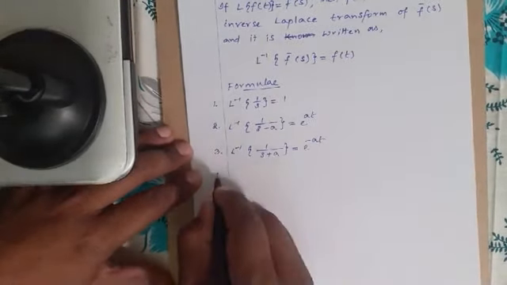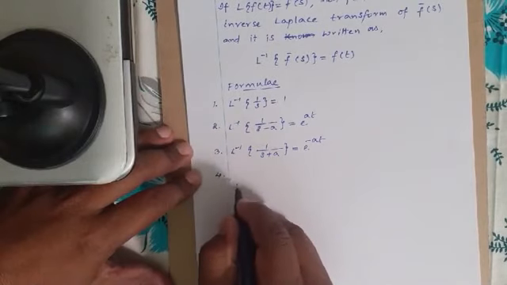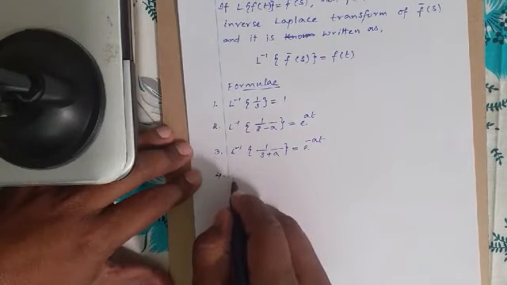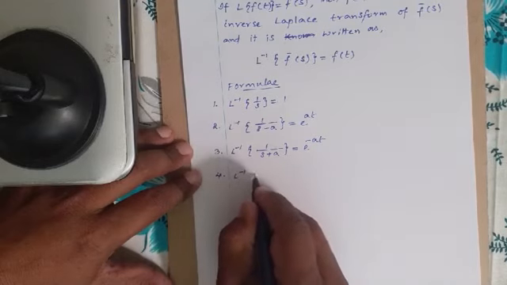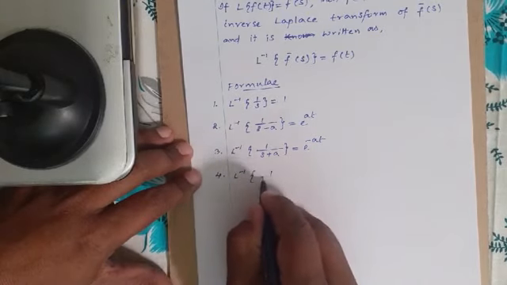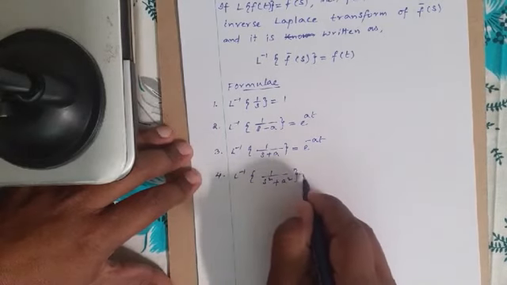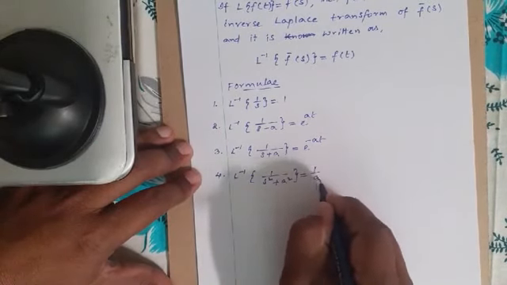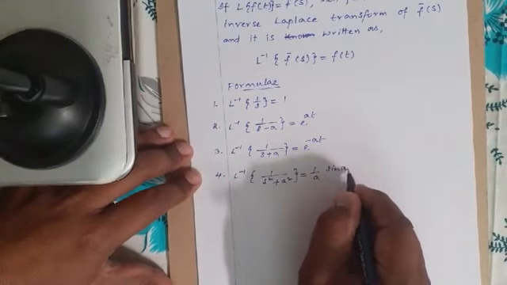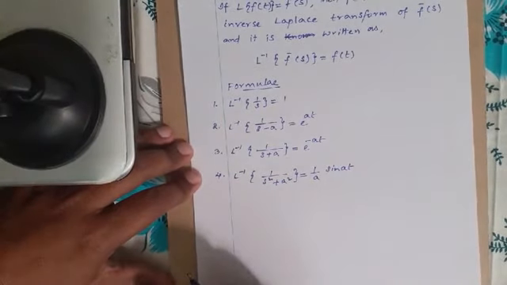Now whatever you have studied in Laplace transform, here we will take the vice versa of that. So L inverse of 1 upon s square plus a square is equal to 1 upon a sine at. As you know, Laplace of sine at is equal to a upon s square plus a square.